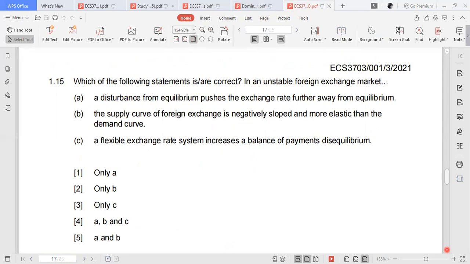B, the supply curve of foreign exchange is negatively sloped and more elastic than the demand curve. C, a flexible exchange rate system increases the balance of payment disequilibrium. What do you think?